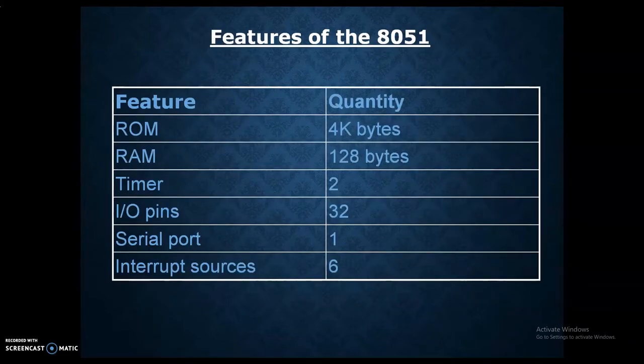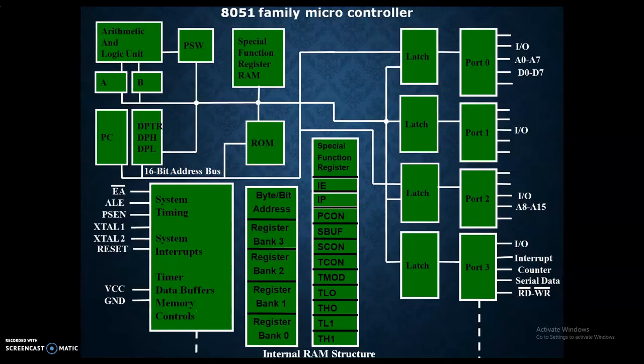Now we are coming to the features of 8051 in a quick view. It was earlier already there. This is the interrupt source. Earlier we have seen that two external and three internal interrupt sources are there. Here we can see there is one extra interrupt. So what is this? We'll come to that.